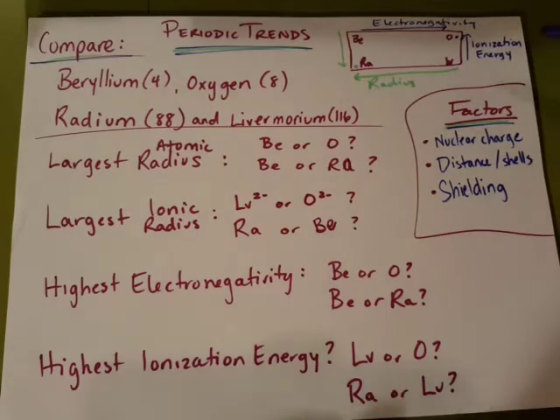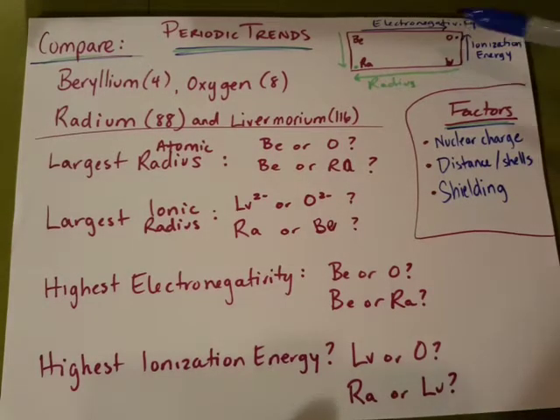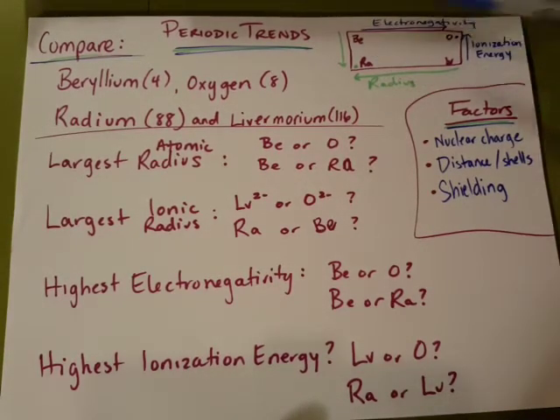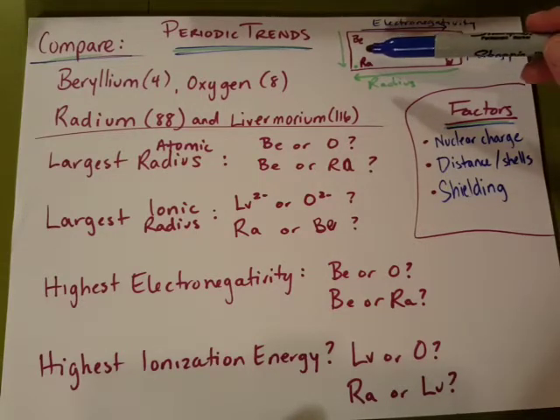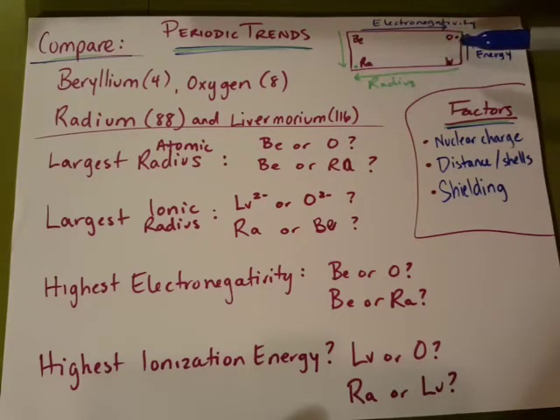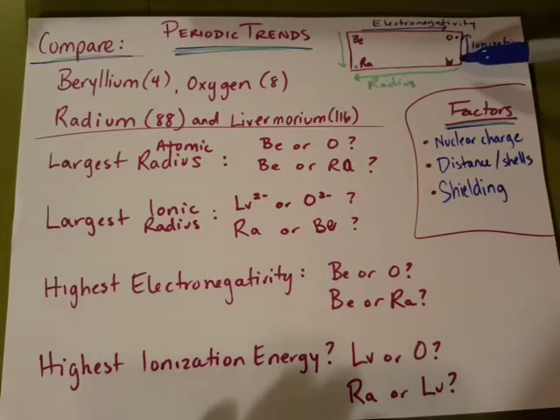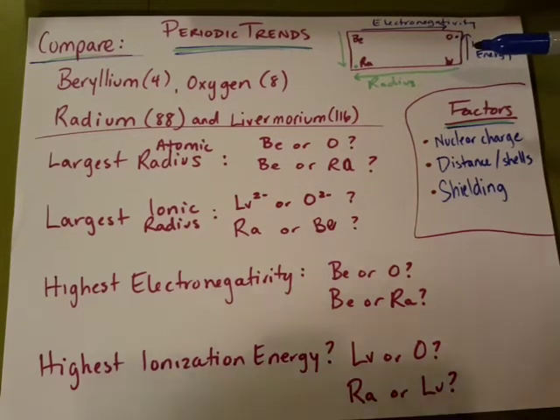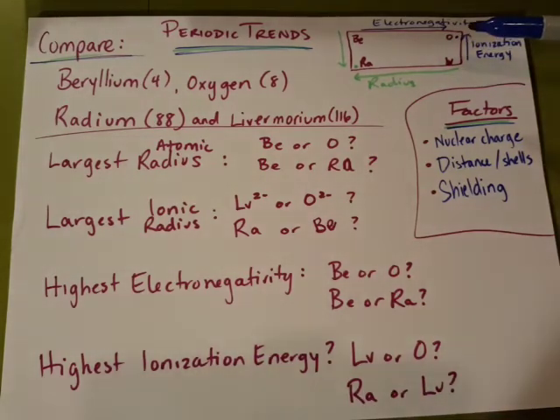So I'd like to just compare 4 elements: beryllium at number 4, oxygen at 8, radium at 88, and livermorium at 116. If you have a really old periodic table, they might have something like UUH or something like that.